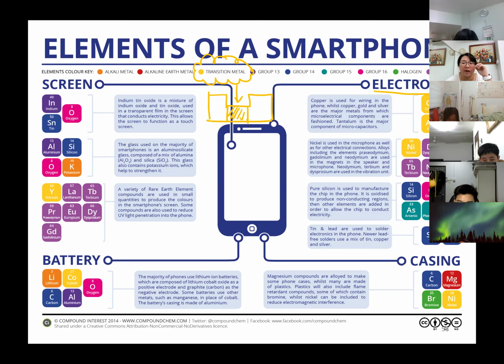Copper, all this is used for wiring, right? In our casing, we use carbon as well. We use nickel. On our screen, we have a lot of silicon oxide, because that is the glass we use to make smartphones. You can see silica plus aluminium oxide. That's the glass we use.